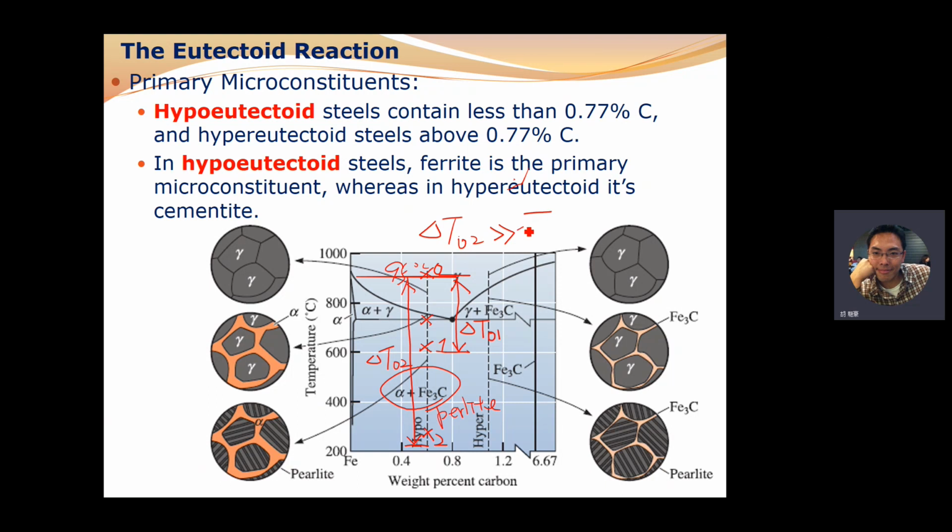And delta T 0,2 is greater than delta T 0,1. Then the fine pearlite will form here, this is the fine pearlite, and this is the coarse pearlite. Get it?